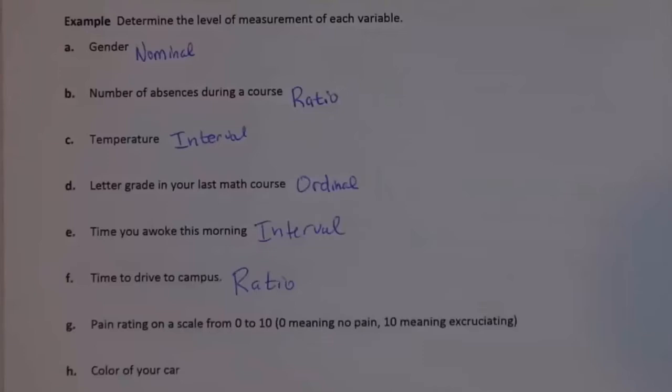So it's not possible for someone to drive to campus in 0 minutes. But if that was possible, 0 minutes would mean no time. They were able to get there in 0 time. So when we talk about things like weight, it's not possible for someone to weigh 0 pounds, but weight would still be a ratio level of measurement. Someone who weighs 100 pounds weighs twice as much as someone who weighs 50 pounds, for example.